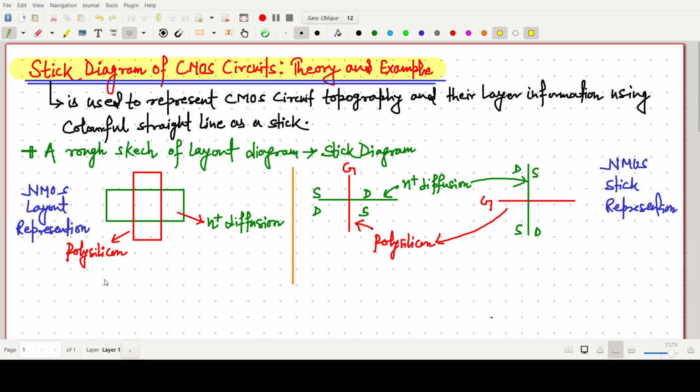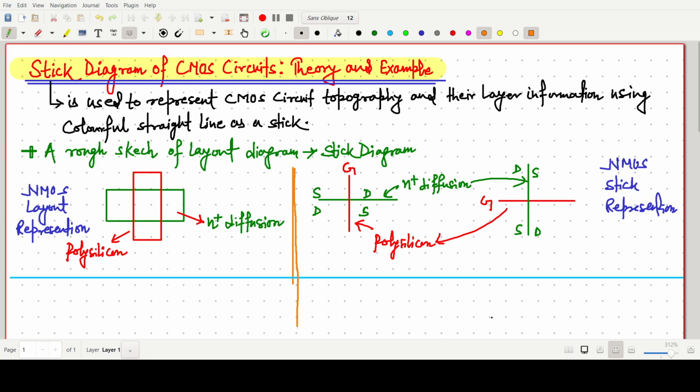Okay, so this is the NMOS layout representation. NMOS layout representation is block, so we are not discussing too much about it. But in case of this stick representation, the red color represents the polysilicon, and the green color is the N plus diffusion for the NMOS.